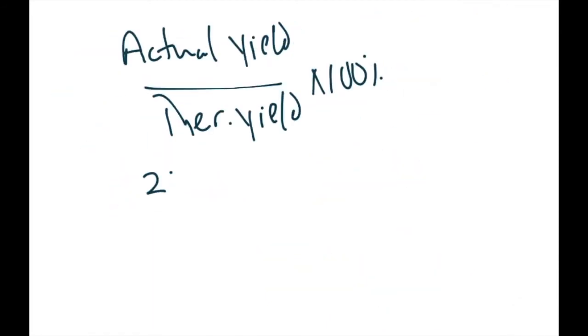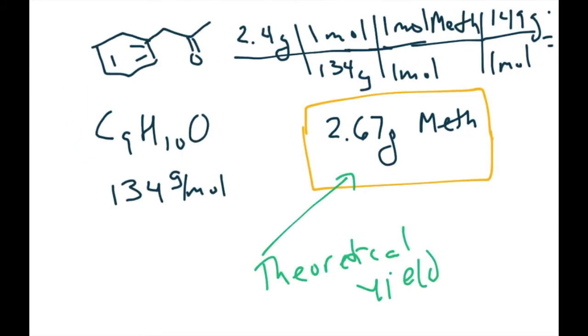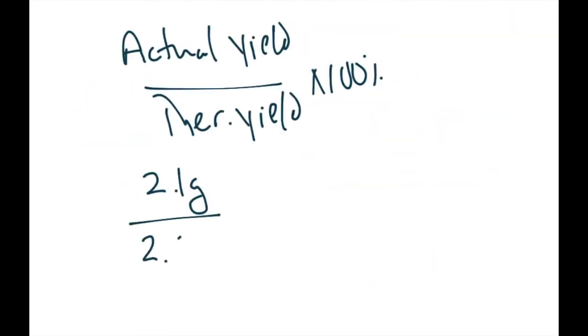So 2.1 grams. Our theoretical yield is 2.67. And we get 79%.